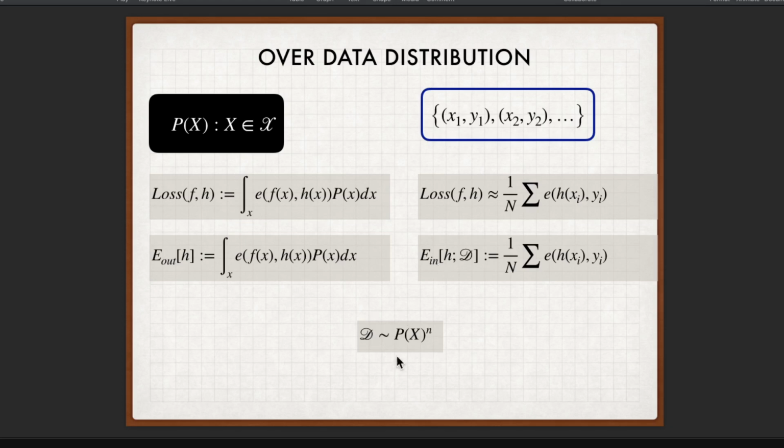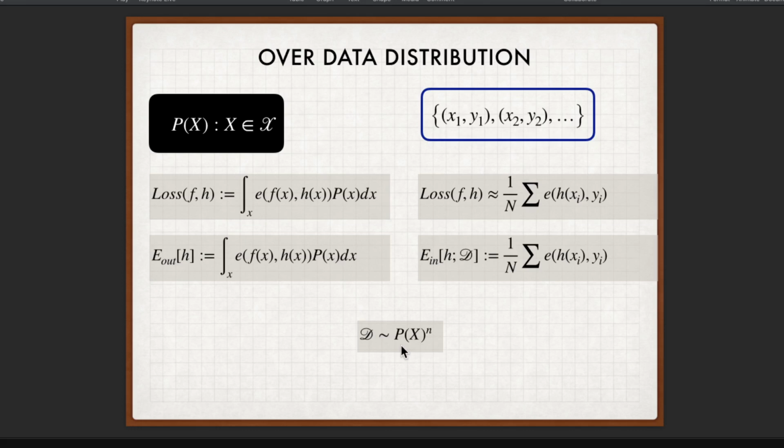Note that we introduce a symbol, this capital D, that represents, with a slight abuse of notation, the training samples in the dataset, which follow an independent distribution of the data in the X space.